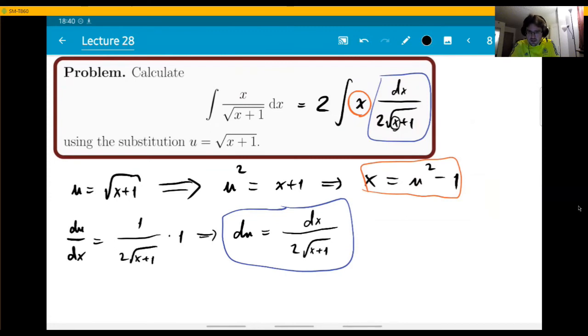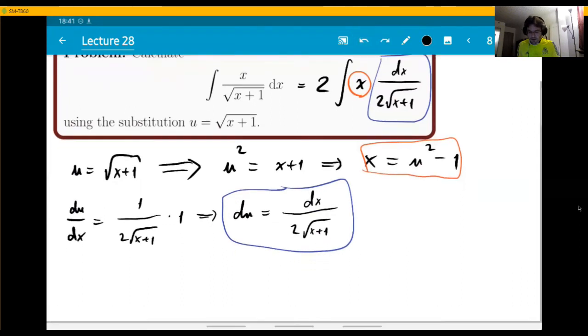Can I change that into u squared minus 1? Yes, you can. It is correct. It's just not going to be very useful for you because you want to use this whole square root of x plus 1 together with the x, together with the 2. You want to use that whole thing and change that into du. Right? So just because you see an x there doesn't mean you're going to use this inverse substitution here, although you do want to use it for this x.